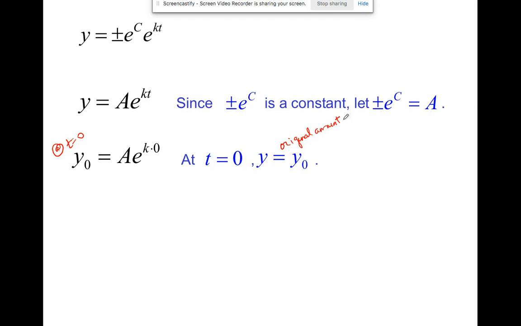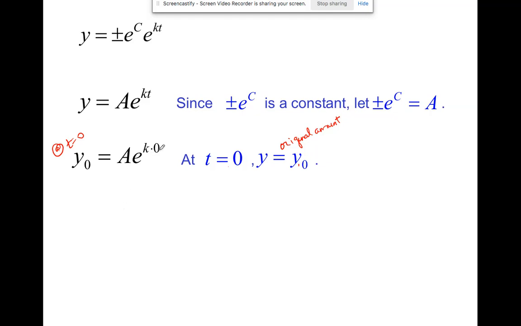And then I start the clock, and maybe there's a disease, so I want to see what's happening to the population as a rate of a disease, or maybe I don't. Maybe there's nothing. I just want to investigate how the bighorn sheep population grows over time. I studied it at what I call time 0. There were originally 10, and now I'm going to keep coming back and see how many there are. So at time equals 0, we call this the original amount you counted at whenever you decided to start time.